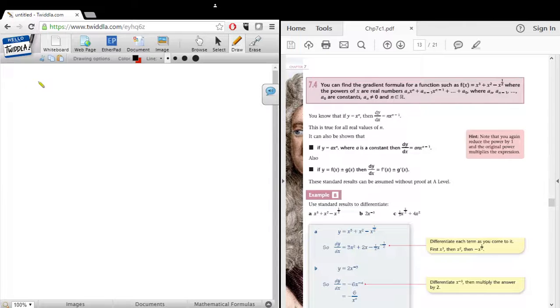So we've got y equals x^n, then it says that dy/dx equals nx^(n-1).